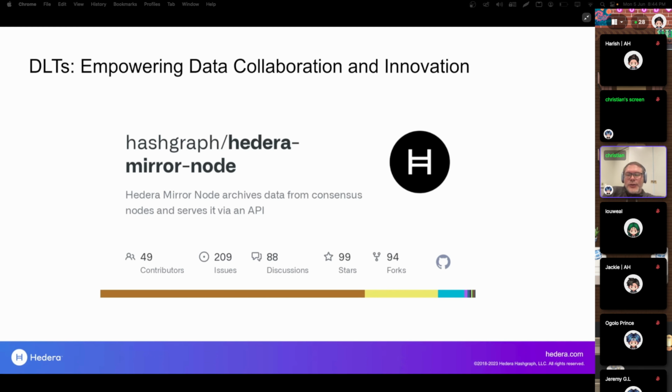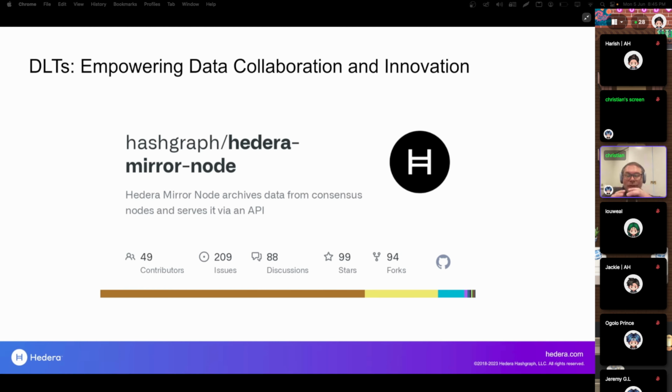So let's talk a little bit about Hedera for a second. So Hedera is a public distributed ledger, and it is interesting in that it does not store all the data on the ledger itself. What is stored on the ledger is the state of the data at any given time.